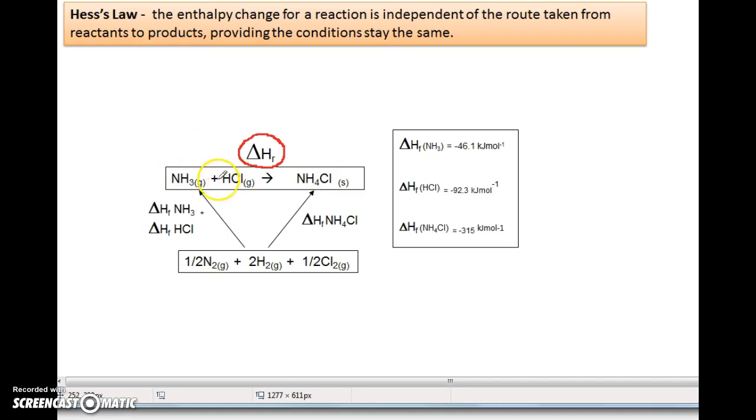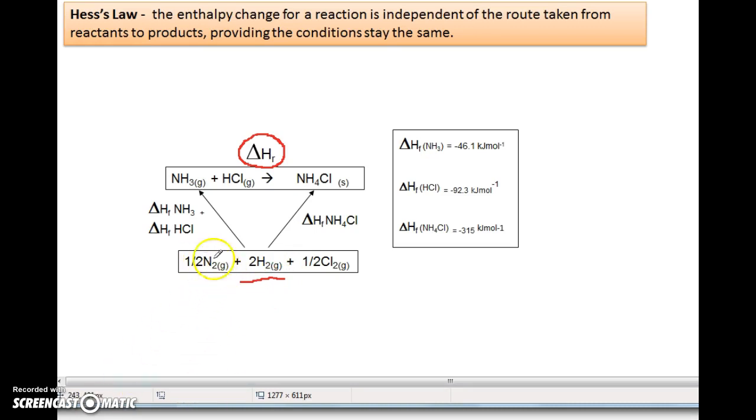So we could go by the direct route in which an ammonia molecule reacts with a HCl molecule to make ammonium chloride solid. But we could also imagine another route in which we go via the elements in their standard states down here. Let's explain how that would work mathematically.